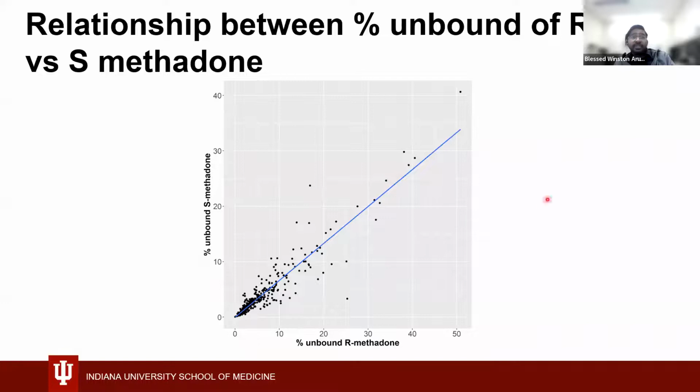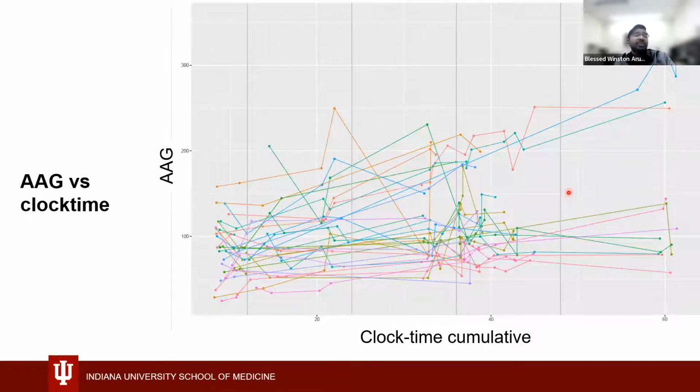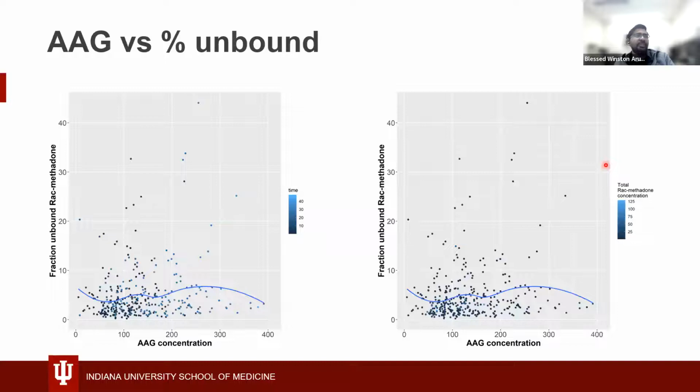This is the relationship between percentage unbound of R and S methadone. Between R and S methadone percentage unbound, there's a relationship. This is AAG versus clock time, just to show you the increase once again. But if you look at AAG concentration versus fraction unbound of R methadone, S methadone, or the racemic methadone, there was absolutely no relationship.